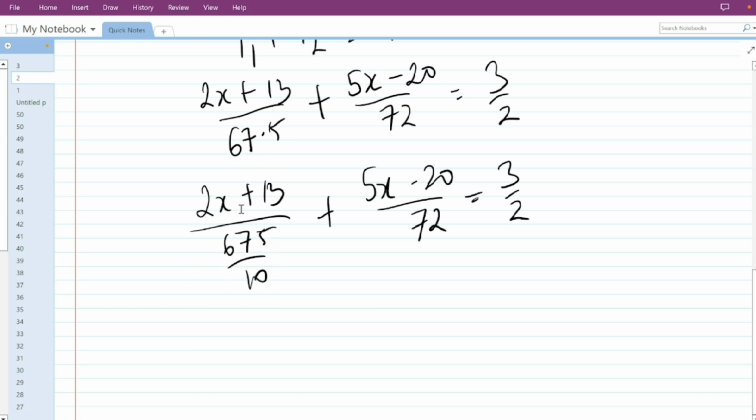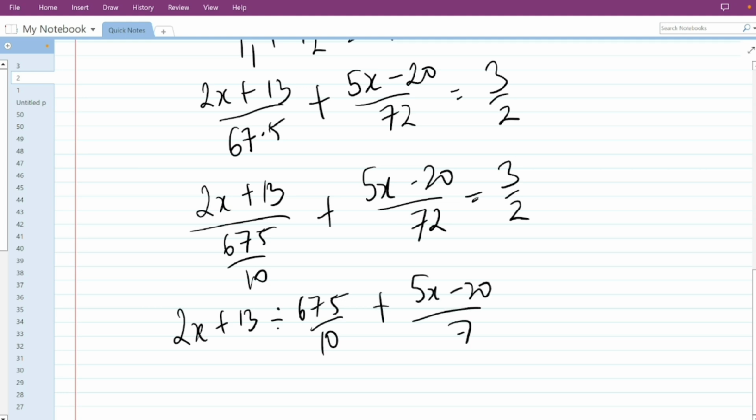Then you have 2x plus 13 divided by this. You can use the normal dividing sign to get this into a normal numerator and denominator fraction. So we have 2x plus 13 divided by 675 over 10 plus 5x minus 20 over 72 equals 3 over 2.